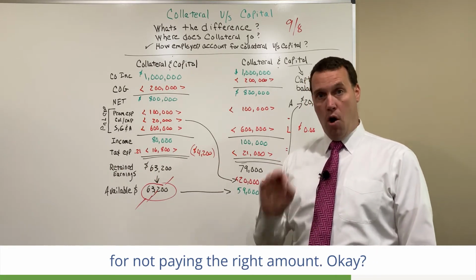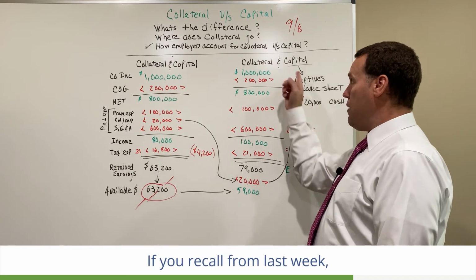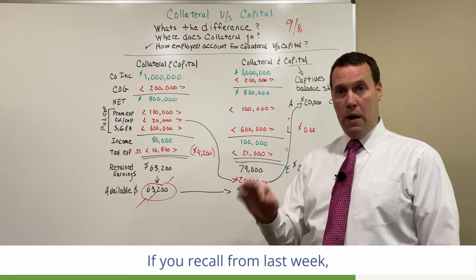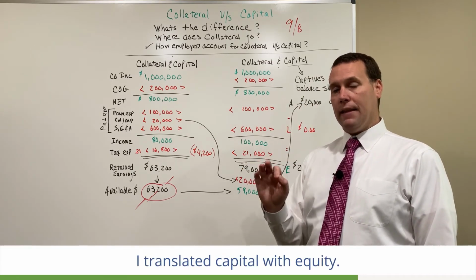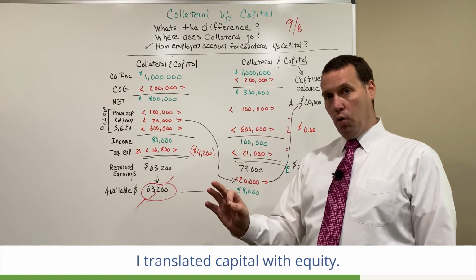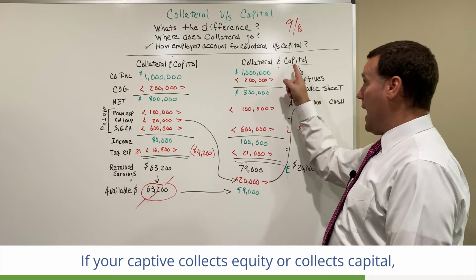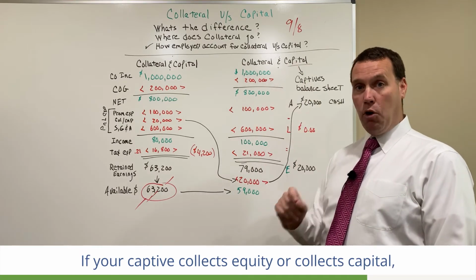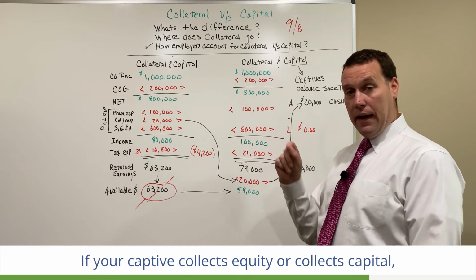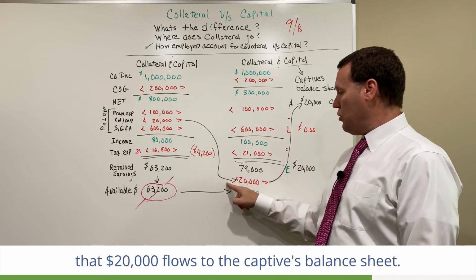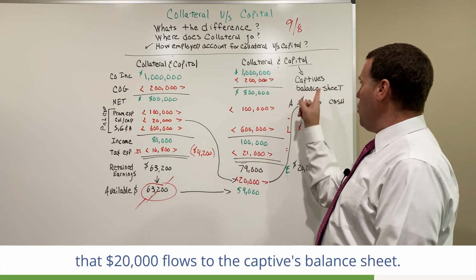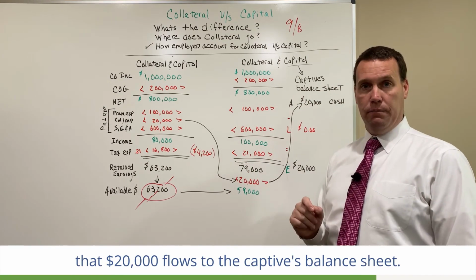Okay. If you recall from last week, I translated capital with equity, and that's the way it is. If your captive collects equity or collects capital, that $20,000 flows to the captive's balance sheet.